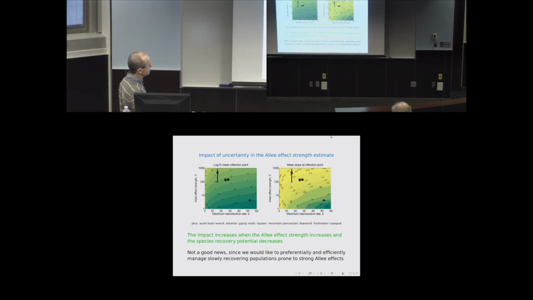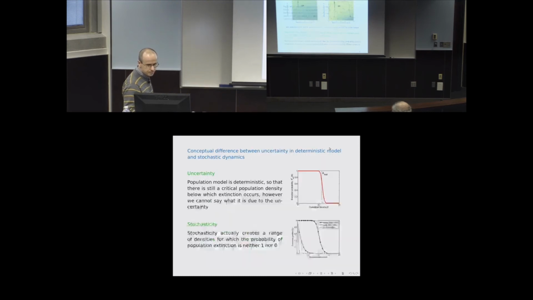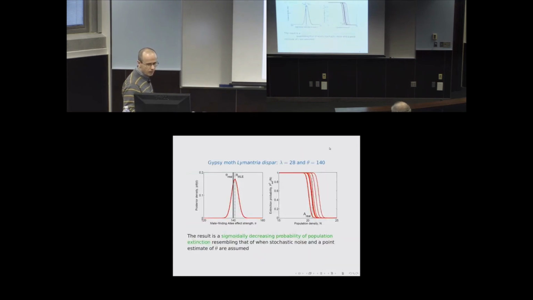And when we used these results for different parameter values, here we have the reproductive rate B of the population, and here the strength of the Allee effect, theta, the true strength, which was estimated in the experiment, in our virtual experiment. We quantified, for each combination of these two values, the inflection point of this curve and the slope of this curve.